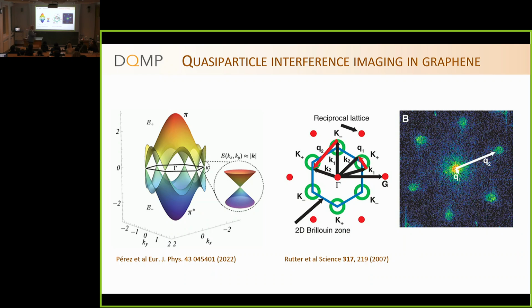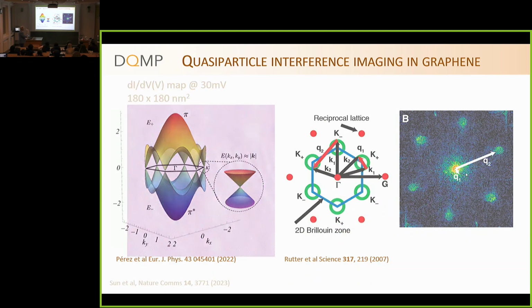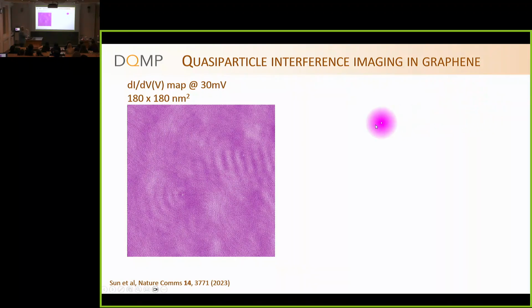If you have spin-orbit coupling, you change the pseudo-spin structure, and I'm sorry about the jargon, but this changes the overall electronic structure, which then allows intra-cone scattering. That will give you very small Q contributions which are not seen here. The way we do this, you have to take large images. This is a conductance map at 30 millivolts. You see these waves, the standing waves caused by the interference pattern of these scattered electrons.